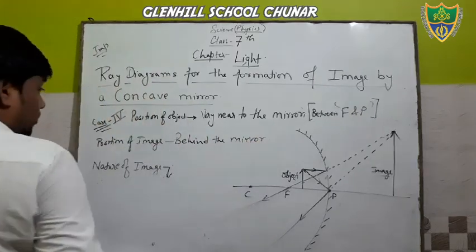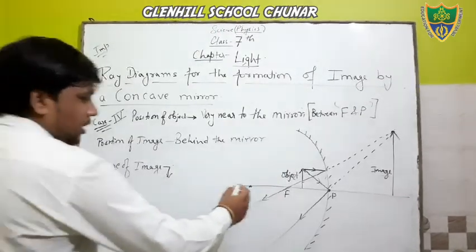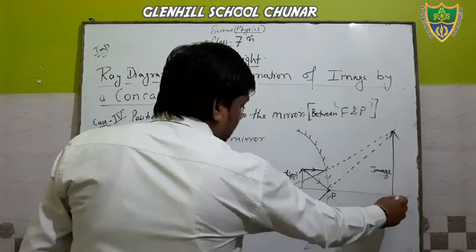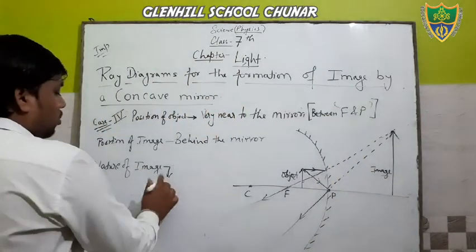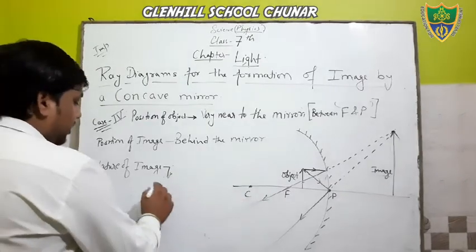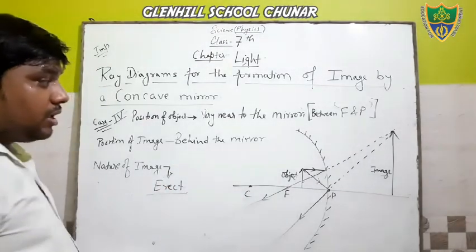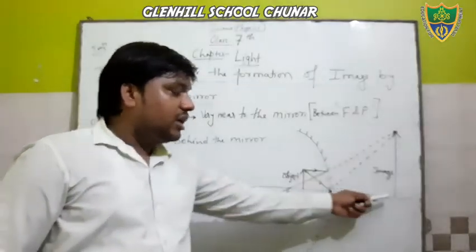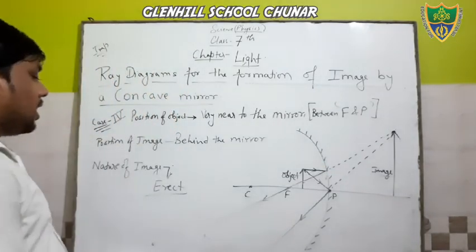And nature of image is what? Simply see that the image is formed above the principal axis. So here image is erect. Means image आपका सीधा बना है. जैसे ऑब्जेक्ट सीधा है वैसे इमेज भी सीधा है. So this is erect. Erect means सीधा.